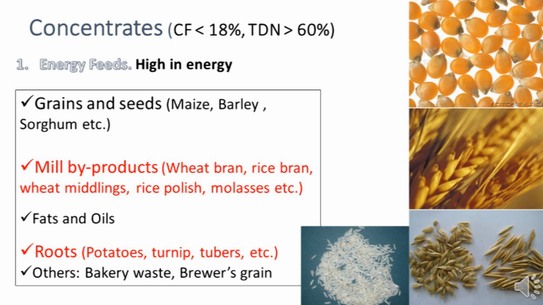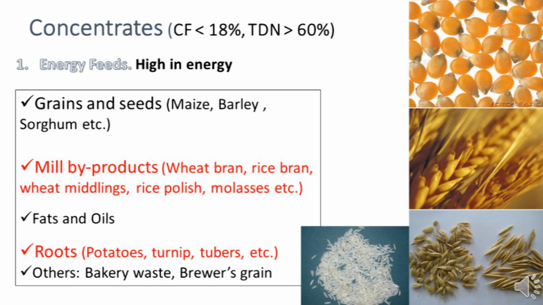Second, under this energy feeds, are the mill byproducts. Mill byproducts are usually obtained during the milling of grain. Here I quote the example of wheat. When we separate grain from the wheat through the threshing process, we get wheat straw.